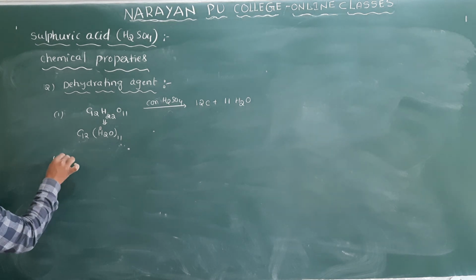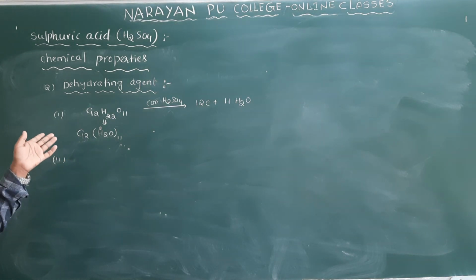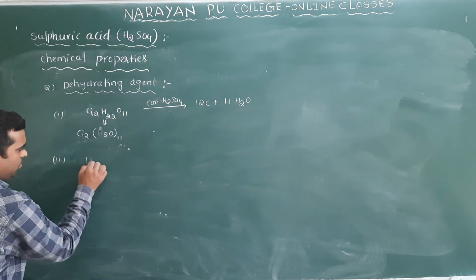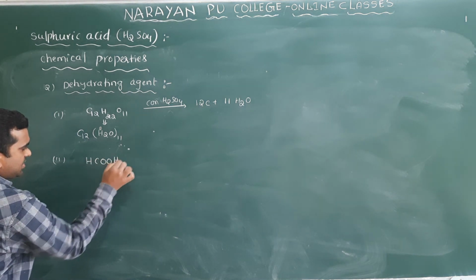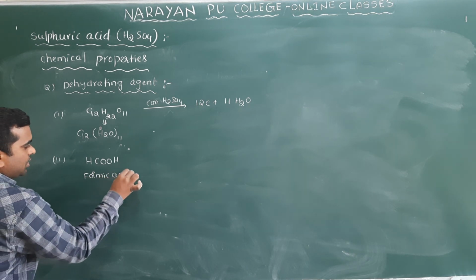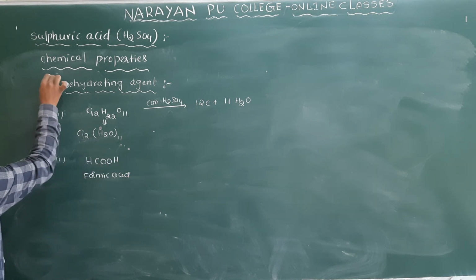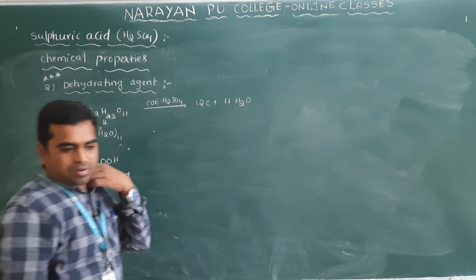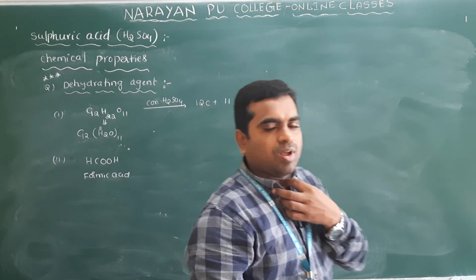Next, the second one: if you take formic acid, what is the formula here? Formic acid. This is very important for your PU examination. Fill in the blanks are there, or they will ask you to complete the following reactions.